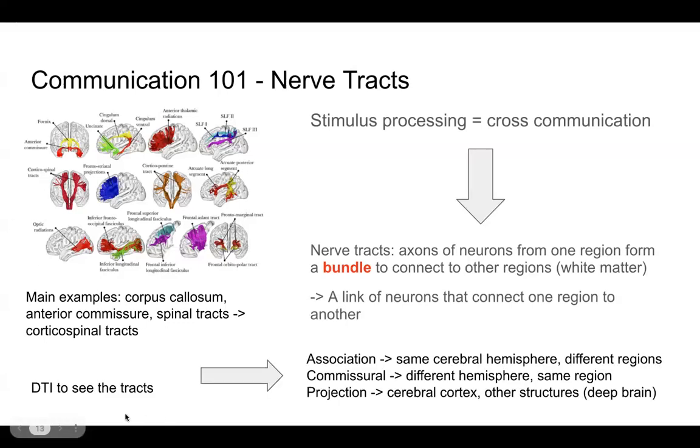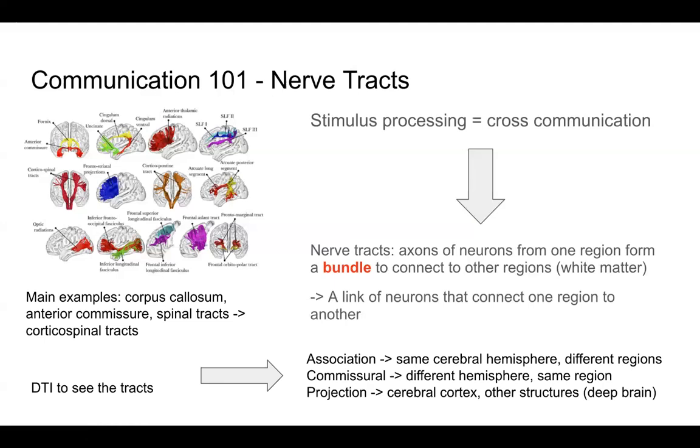There are different types of nerve tracts. First, there are association fibers. These are in the same cerebral hemisphere, just connecting different regions, like the optic radiation. If you receive information in the right thalamus, and the optic radiation sends it back to the right side of the occipital lobe, those are association fibers.